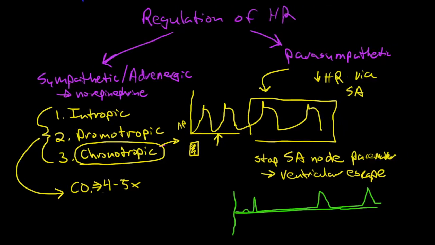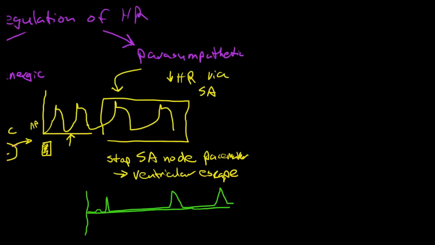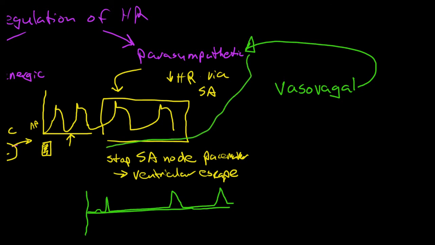So when does this happen? Well, when we have a strong vagal stimulus, and we end up with what's called a vasovagal response. That's due to stimulus of the vagus nerve that reflexively stimulates a strong parasympathetic outflow, and then you end up stopping the SA node pacemaker, and all SA node pacemaker activity stops.